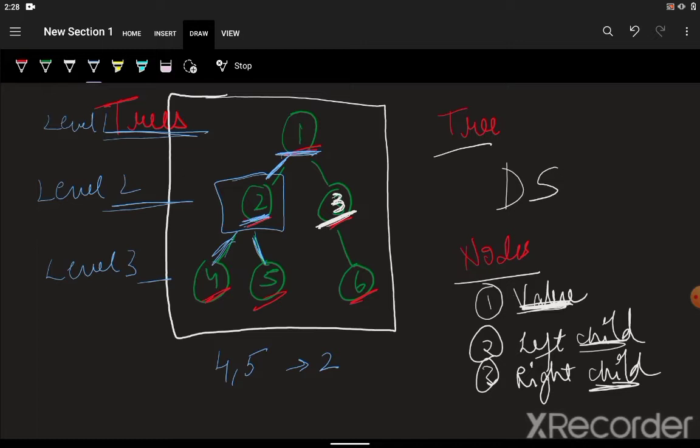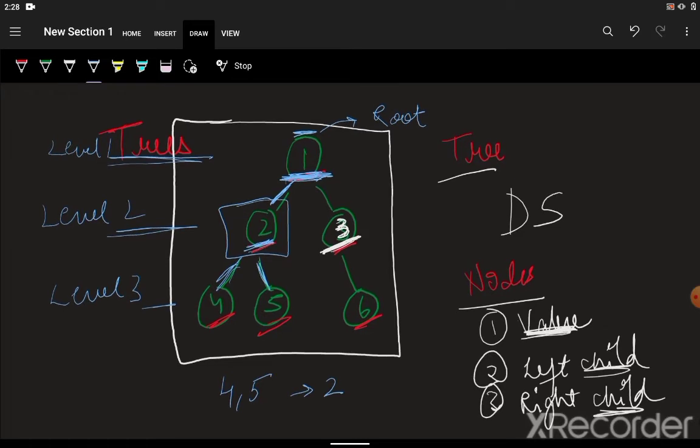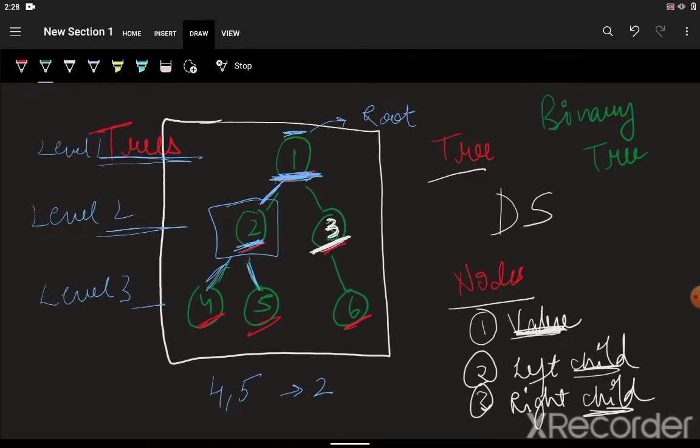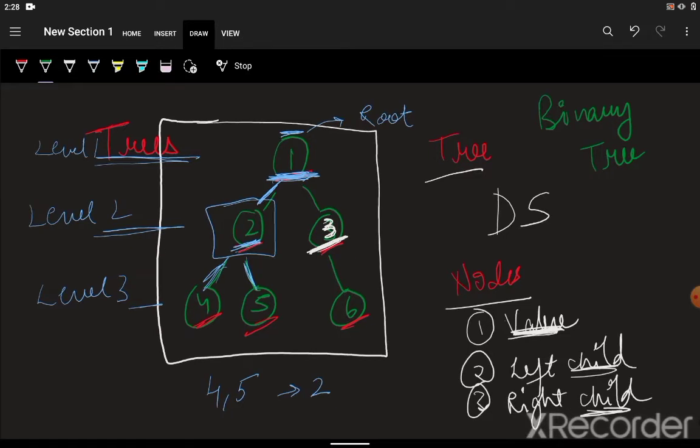One more thing I need to tell you is that the node from where your tree starts is known as the root node. So this particular node is nothing but the root node. Now, in this particular example we are discussing a binary tree. What is a binary tree? Different types of trees exist, but in this example I have taken a binary tree.